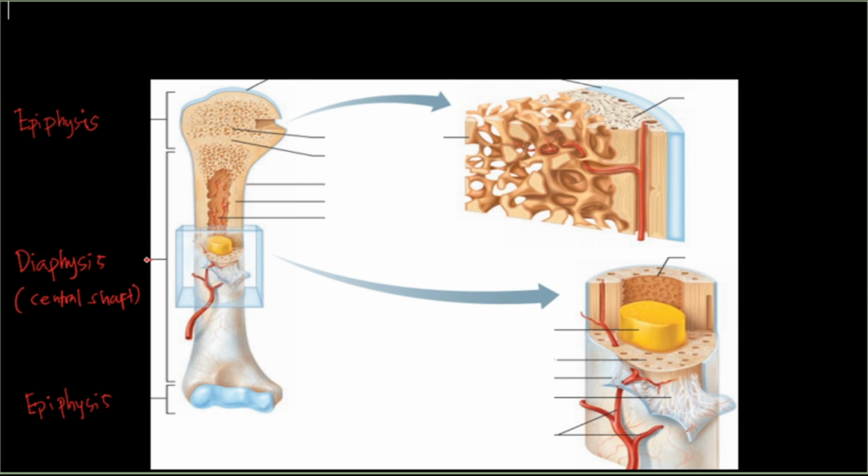Okay, shaft. And the diaphysis and epiphysis are also covered by the articular cartilages at both ends of the shaft. Okay, where are the articular cartilages? Actually, this is the articular cartilages.